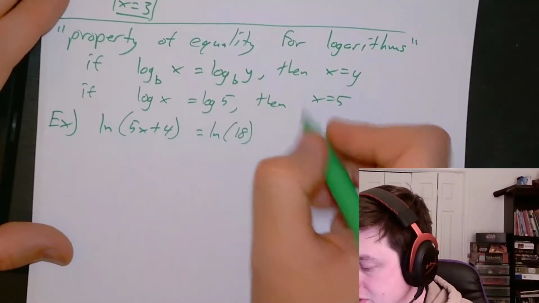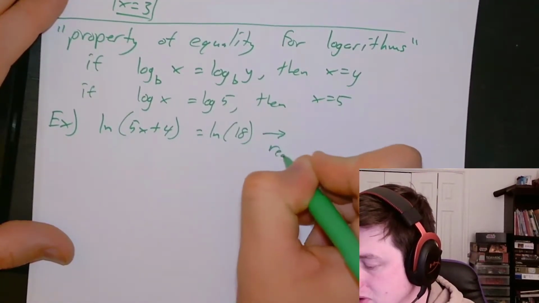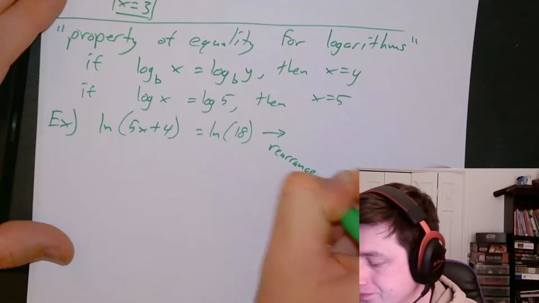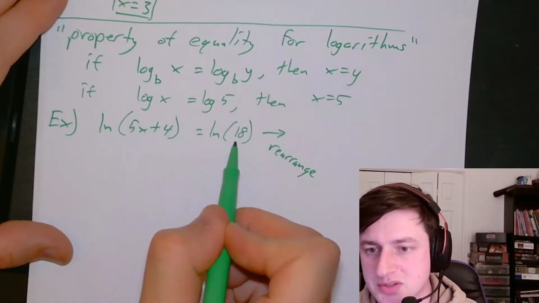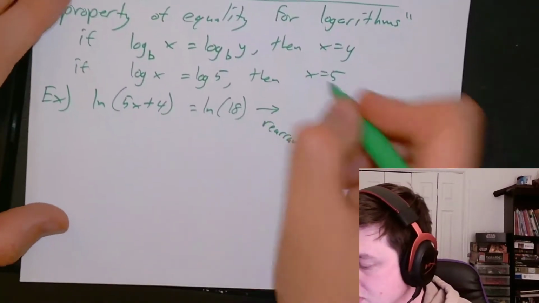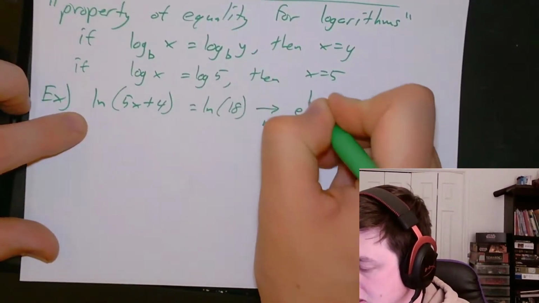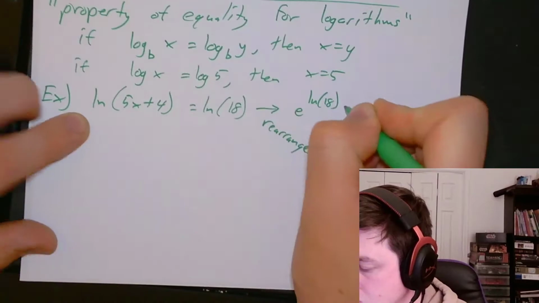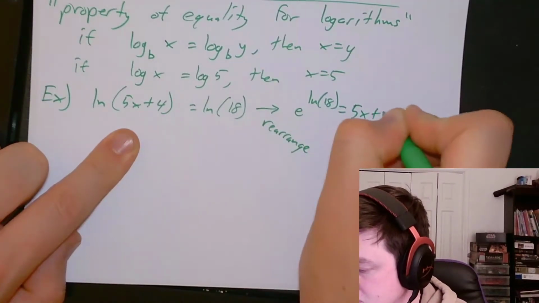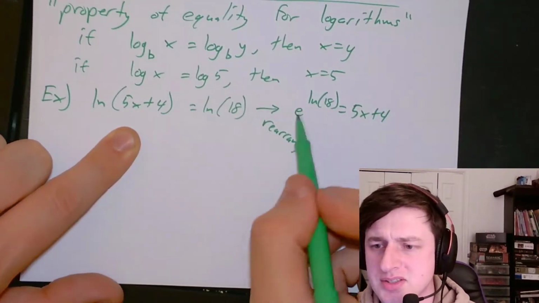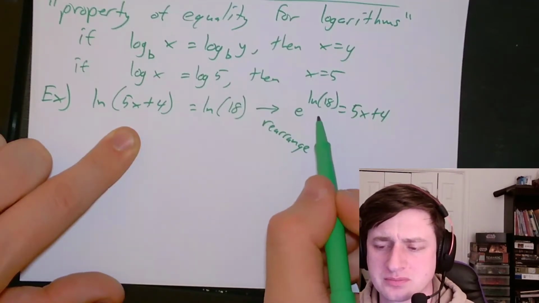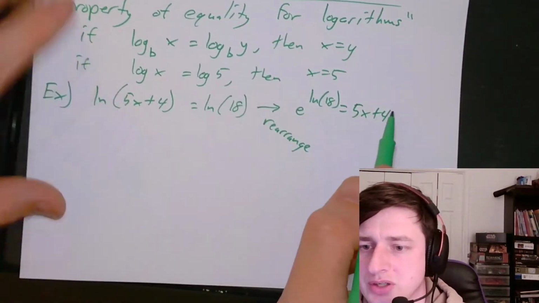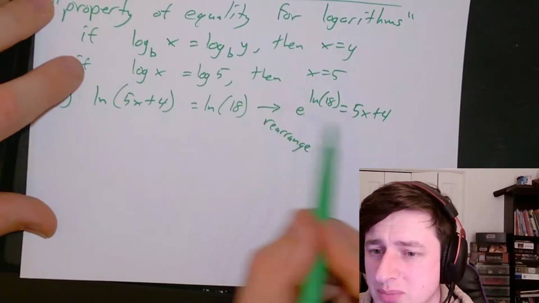To rearrange, take the base, raise it to this power, it equals the inside thing. So e to the natural log of 18 would equal 5x plus 4. This simplifies to 18. And then you would subtract stuff. But this seems more complicated to rearrange it.